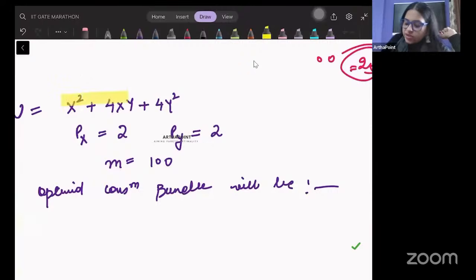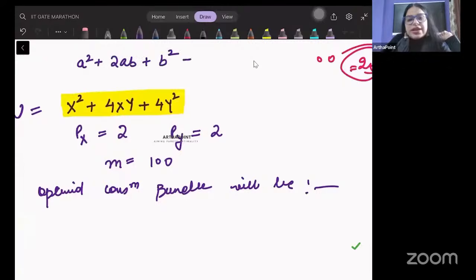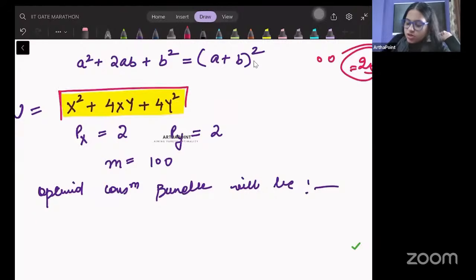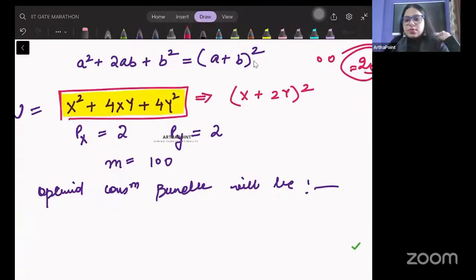Then we have to go ahead and check, okay, does this resemble something? Yes. When I have a square plus 2ab plus b square, it can be written as a plus b whole square. So if I have this utility function, x square plus 4xy plus 4y square, I can rewrite this thing as x plus 2y whole square. अब हमें पता चल गया that actually the function inside this is just this, x plus 2y.